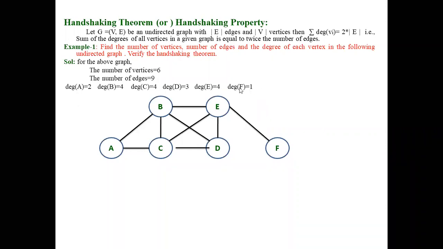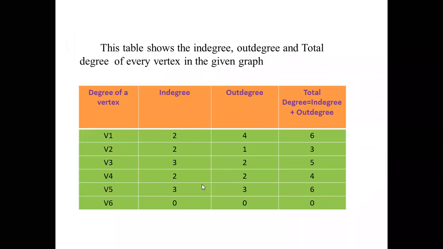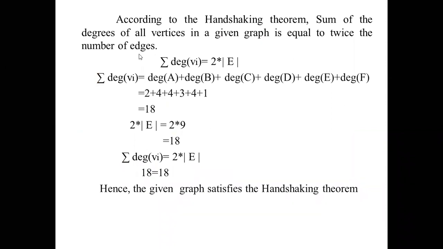So this value is equal to twice the number of edges. Here number of edges 9. So 2 into 9, that is equal to 18. So according to the handshaking theorem, sum of the degrees of all vertices in a given graph is equal to twice the number of edges. So the property is the summation degree of Vi, where Vi represents the vertices in the given graph, is equal to 2 into total number of edges.